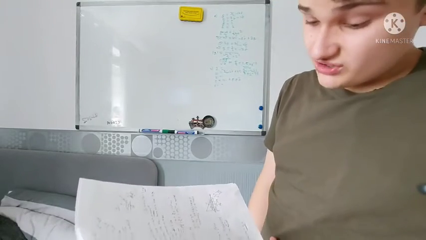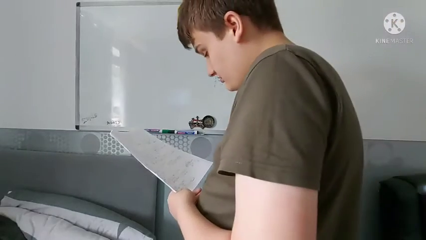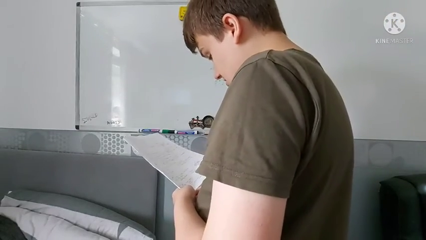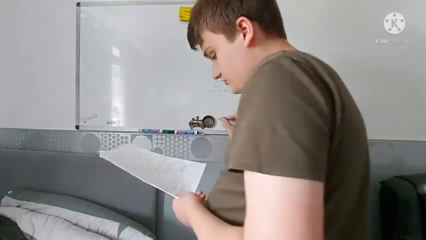V equals U plus AT could be an issue. In fact, no, we could use V equals U plus AT, and you know what, we'll go with that, shall we? Yeah, we will. We'll use that one.